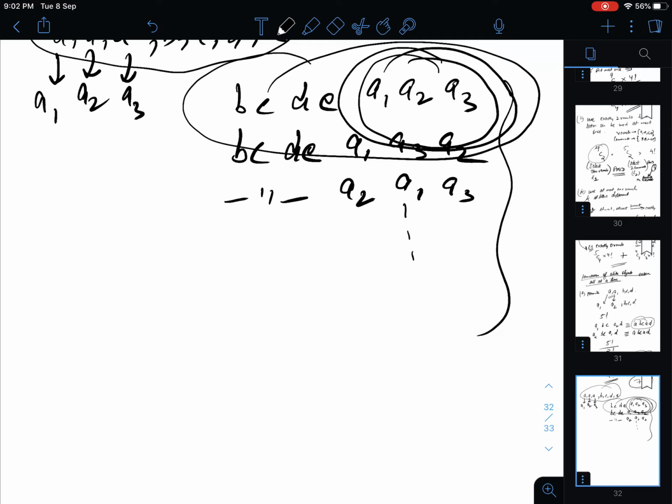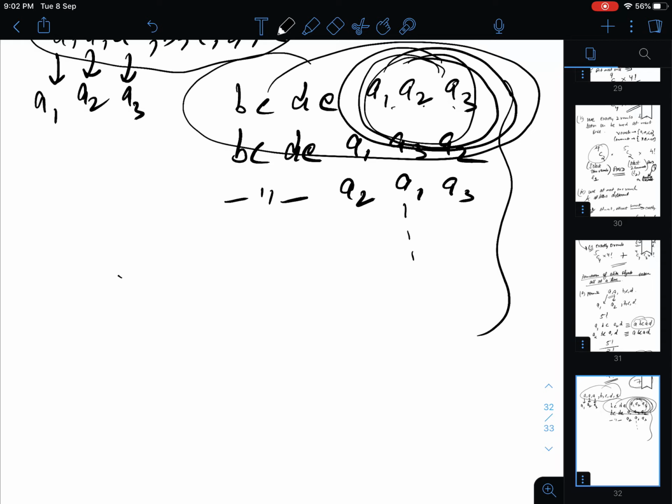So, each permutation in the 7 factorial permutations is repeating itself 3 factorial times when A1, A2 and A3 permute amongst themselves. But all of them are actually identical A's, so the ordering is irrelevant for these 3 identical A's.